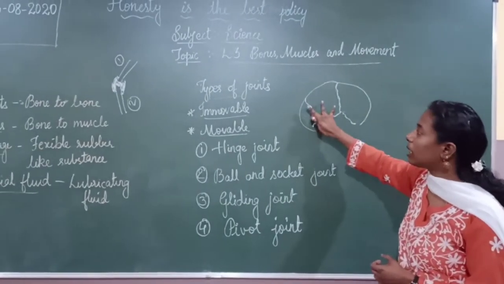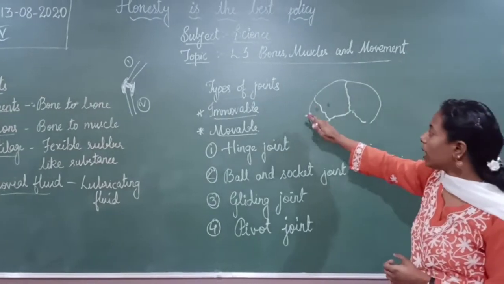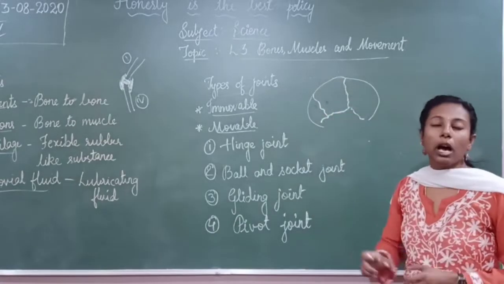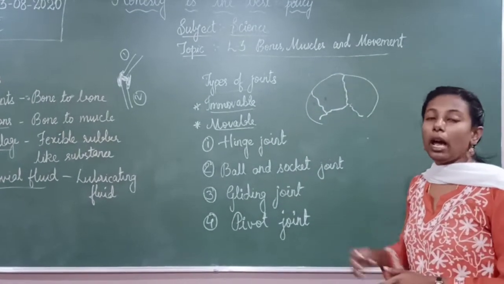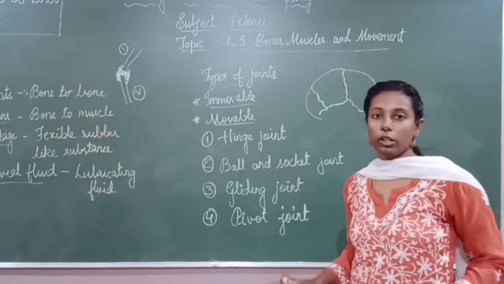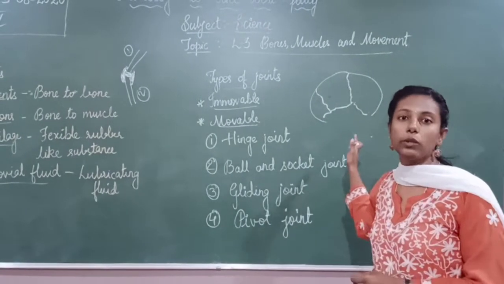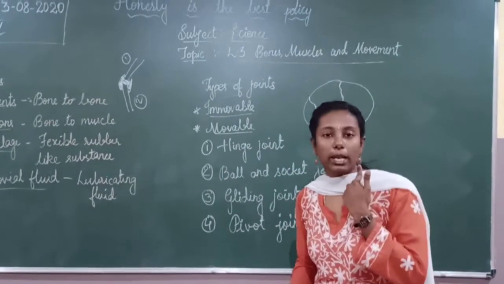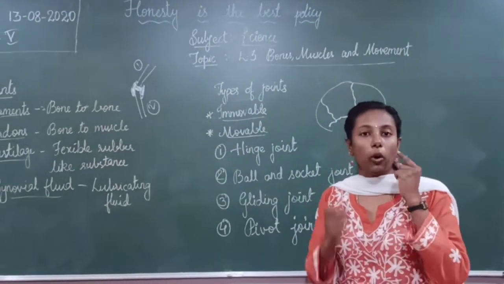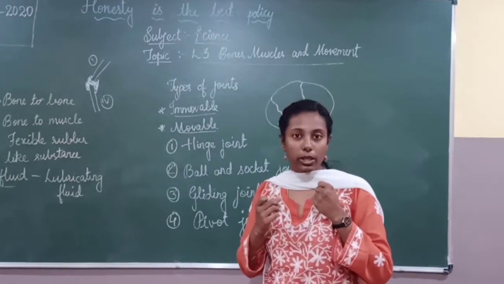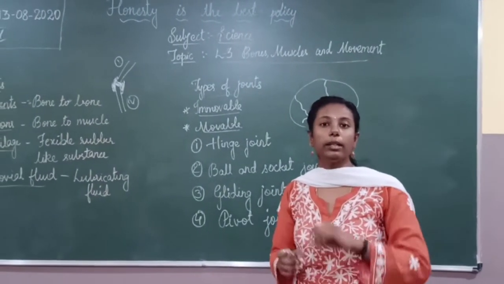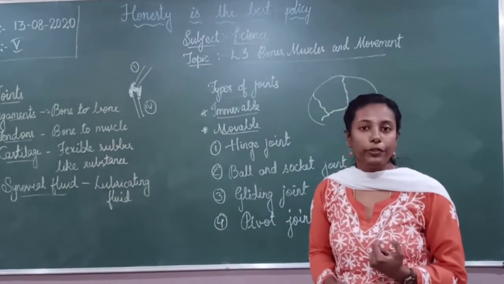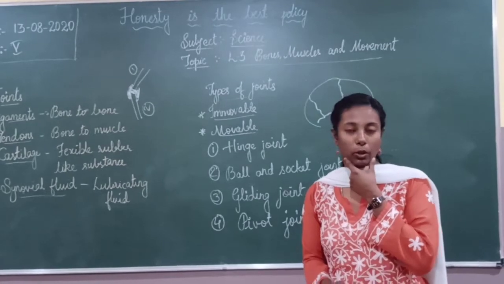So these are joined together. One bone of the cranium is joined with the other bone of the cranium. And these joints do not move at all. Such joints we call immovable joints. Also on your face, there are different bones attached to each other, but they are not movable. The only bone which moves is your jaw bone in your face.